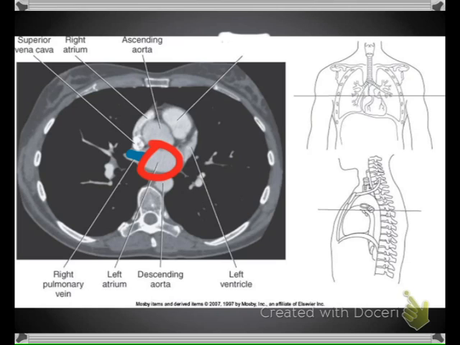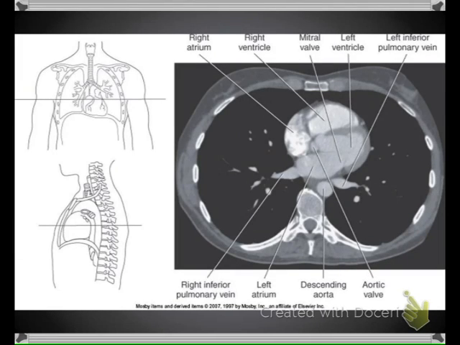That becomes very paramount for you to understand. So from this image, really understand all of the other highlighted structures aside from the pulmonary trunk. All the other anatomical structures are very necessary for you to understand.